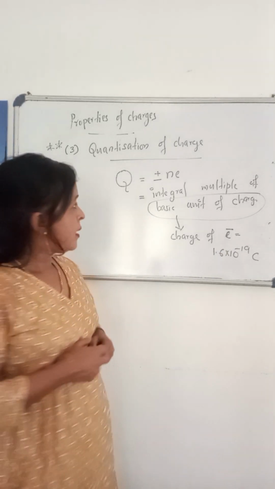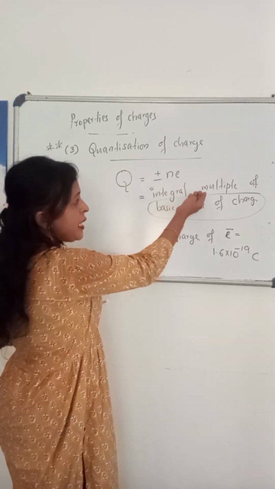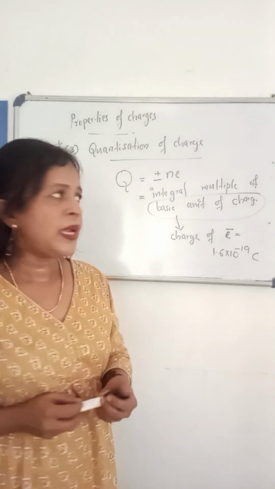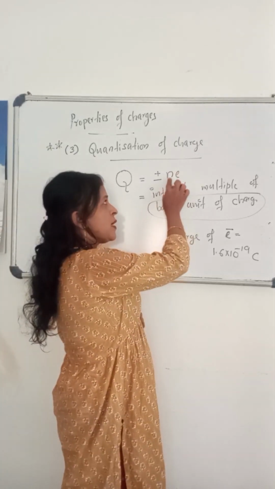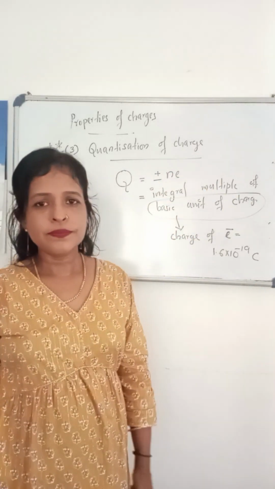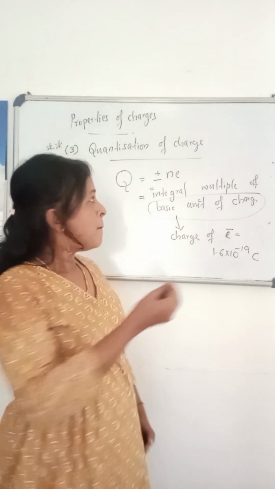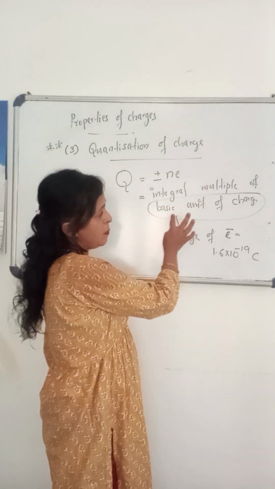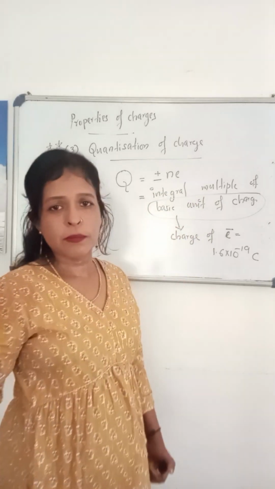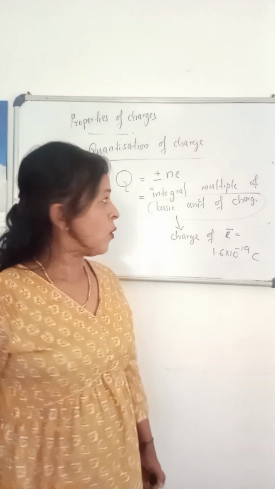Okay. And what is integral multiple? Integral multiple means we can take n as 1, we can take n as 2. That means we can multiply the basic unit of charge with the whole numbers 1, 2, 3, 4 like that only.